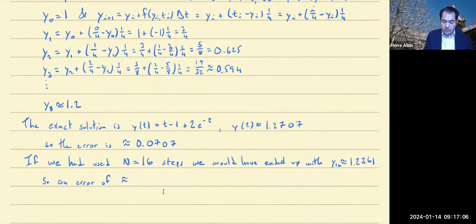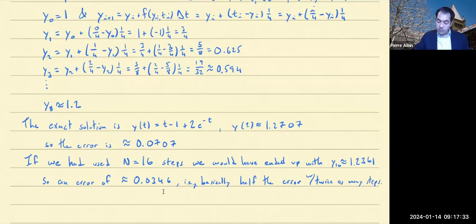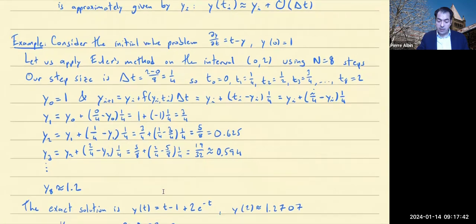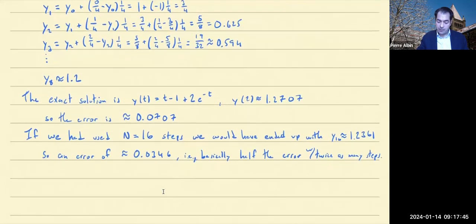So an error of roughly 0.0346, basically half the error with twice as many steps. That is exactly what you would expect from having an error that's big O of delta t. We expect that if we double the number of steps, then we should get basically half of the error.